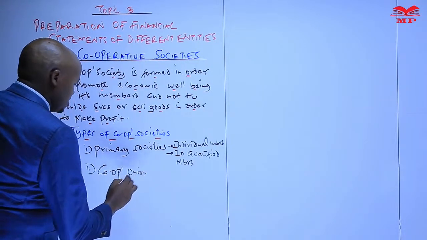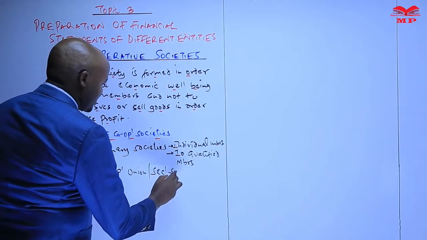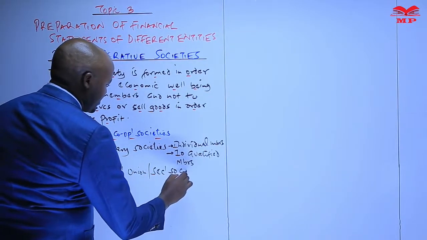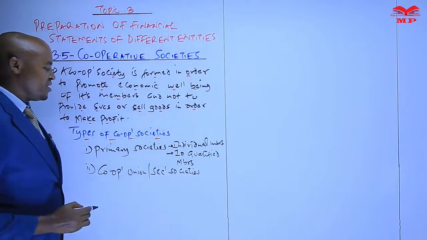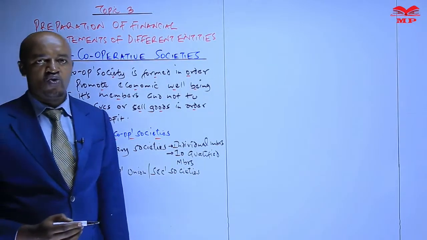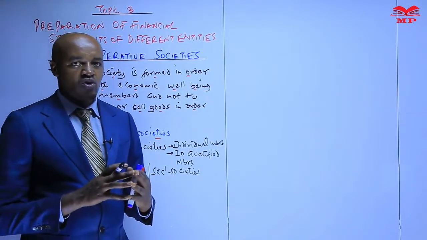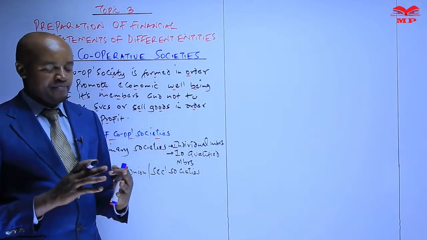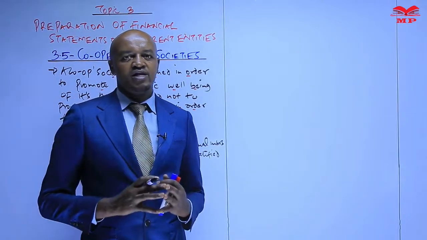In other terms, it can also be known as a secondary society or a secondary cooperative society. And this is a cooperative society which is formed by two or more primary societies. So members of two or more primary societies may come together and decide to register a certain cooperative society.